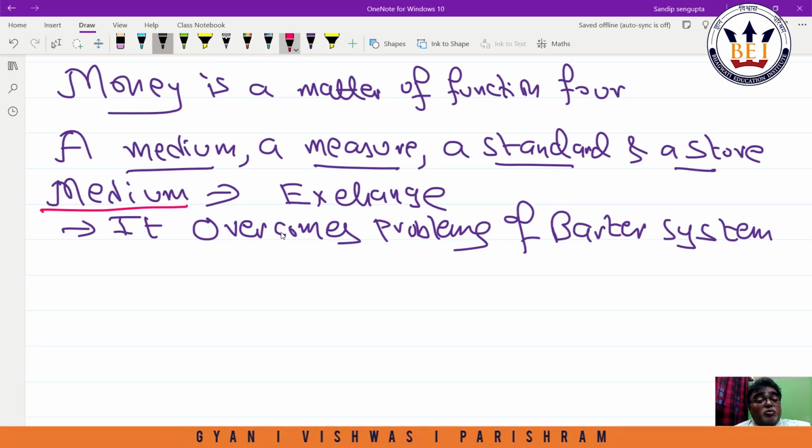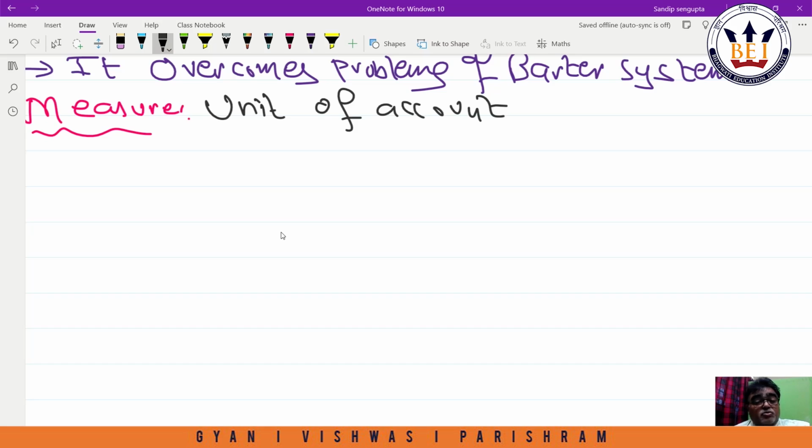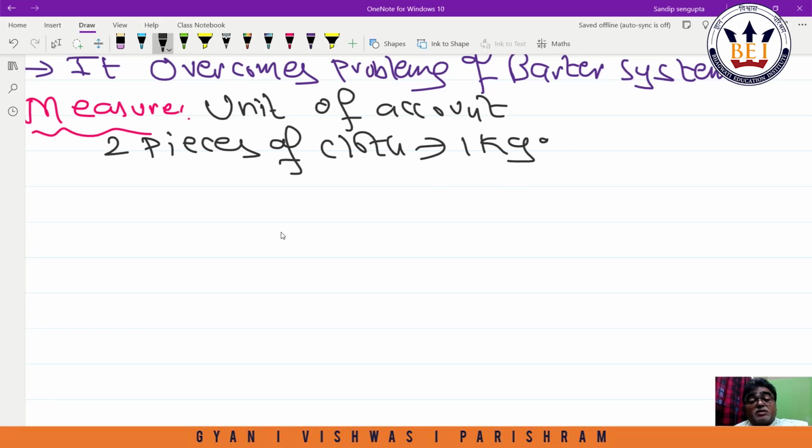The second point is measure. Acha, how do you write measure? Another English term is unit of account. So how is it a unit of account? Suppose 2 pieces of cloth is nothing but 1 kg of rice.